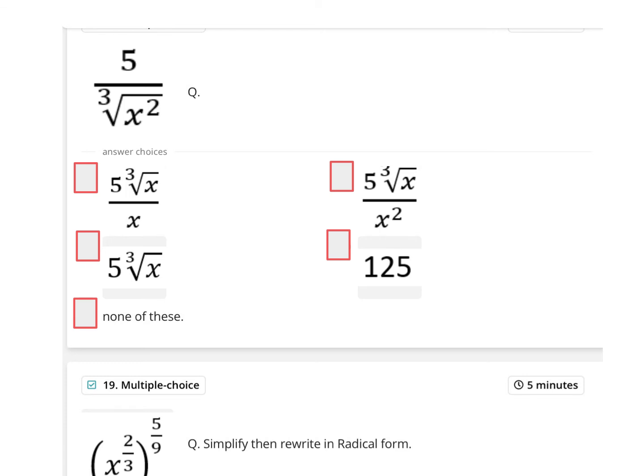And of course, we need to remember that whenever you have any base to whatever power over root, it could be rewritten as that root to that base with that power. Okay?